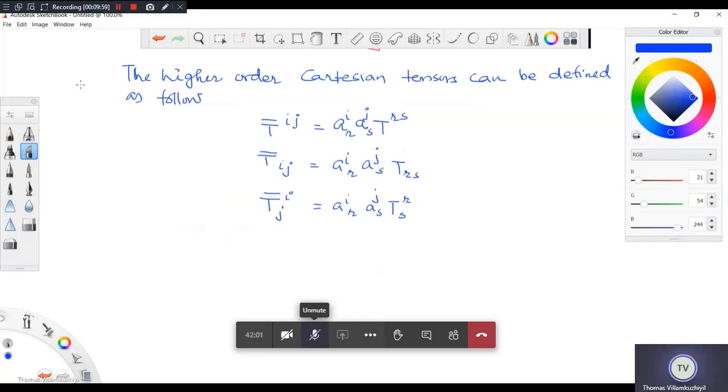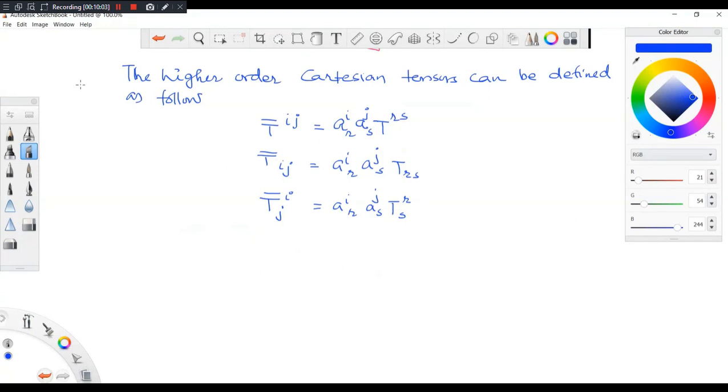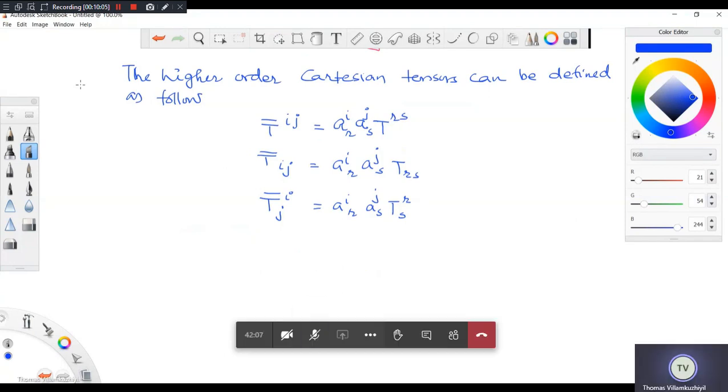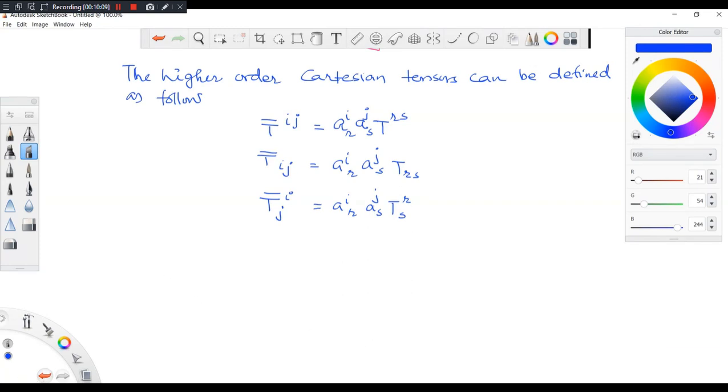Okay, so now you have seen what is the transformation law for contravariant, covariant tensors and vectors, etc. And we have seen how the components change when the components in one coordinate system are given.